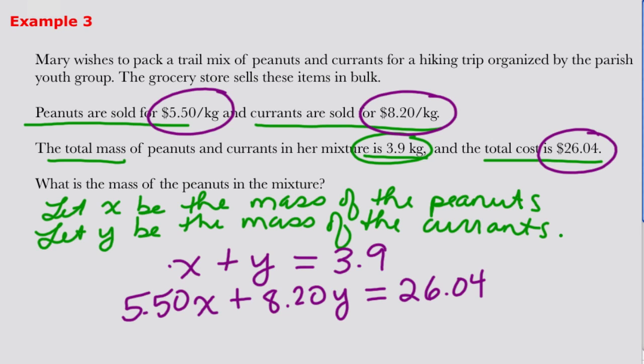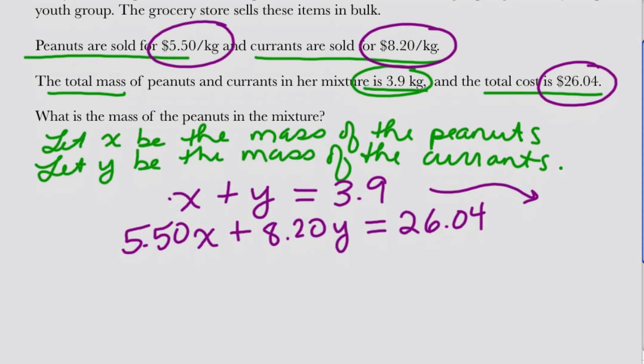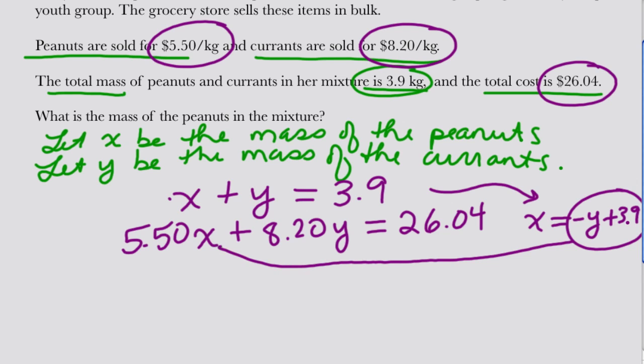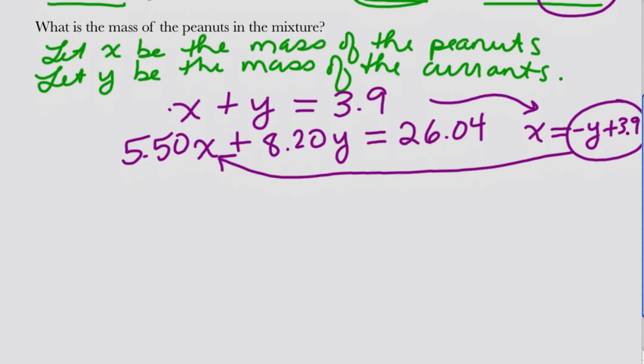Just because we have such a simple first equation, I might solve this again by substitution. So what I need to do is isolate a variable. If we leave the x where it is and move the y to the opposite side, we would isolate x. And remember, for substitution, if x equals negative y plus 3.9, we sub that in for the x variable when we're using substitution.